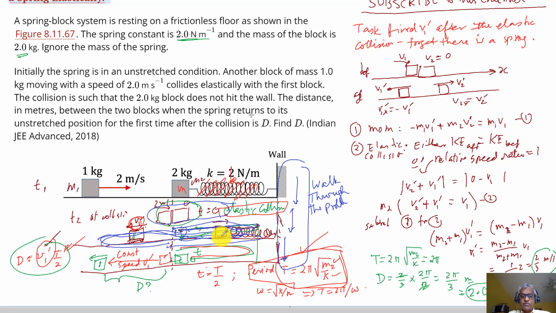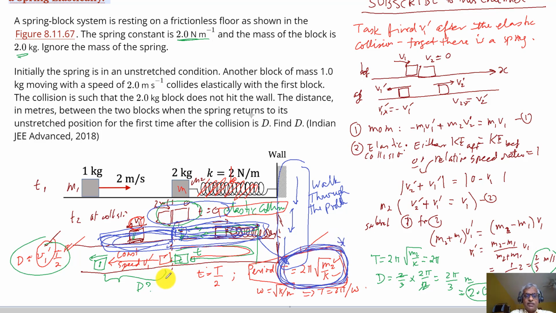So we need half the period, and once we recognize half the period, we can use the formula that you may have memorized from before for a block attached to a spring mass system. This formula was important to know.